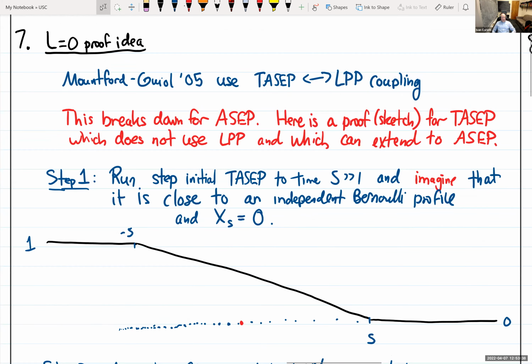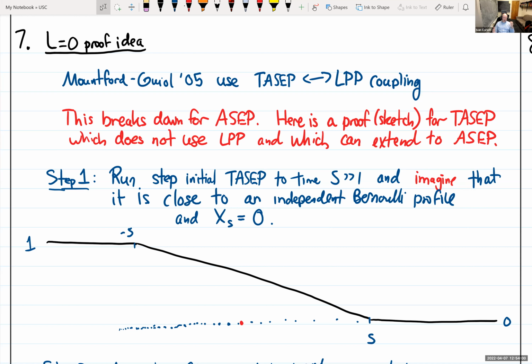Okay, so step one is to start with this step initial data, with this second class particle at the origin, and run it till some large time s. Now, by hydrodynamic theory, we expect that the density will be this rarefaction fan. It will be 1 to the left of minus s, 0 to the right, and then linear between.